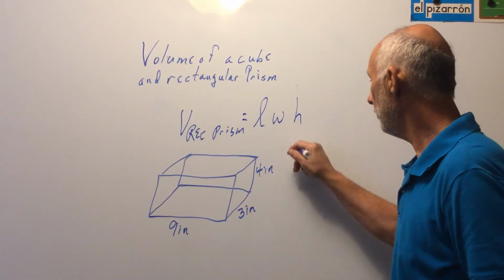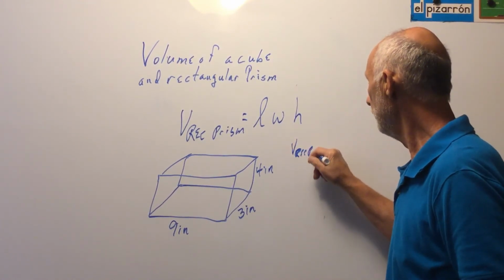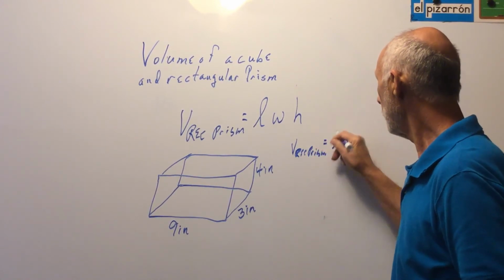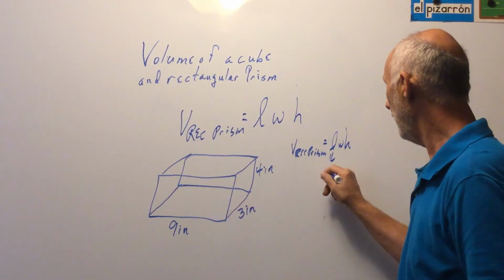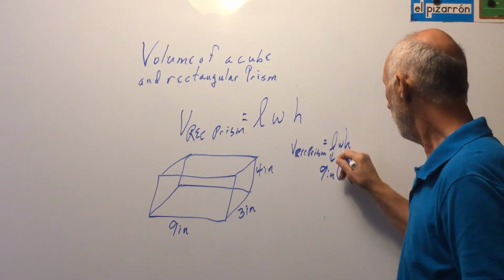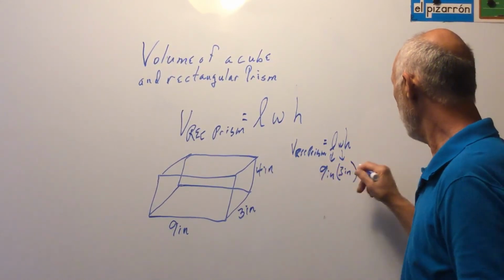And then I could take the formula, volume of a rectangular prism is equal to length times width times height. Replace the length with 9 inches, the width with 3 inches, and the height with 4 inches.